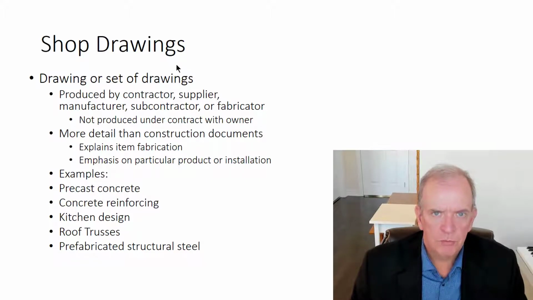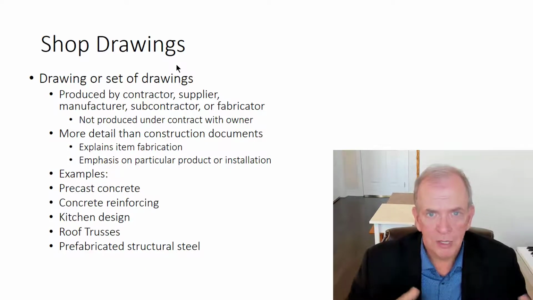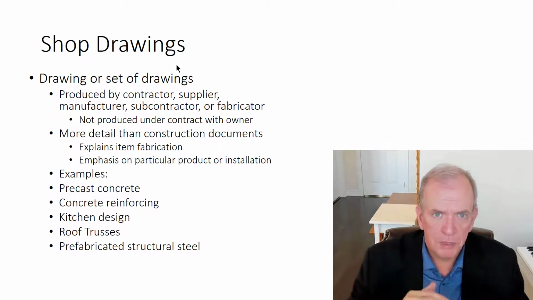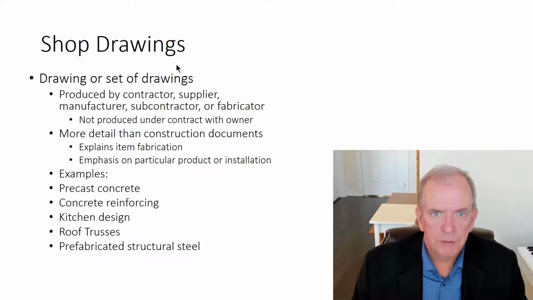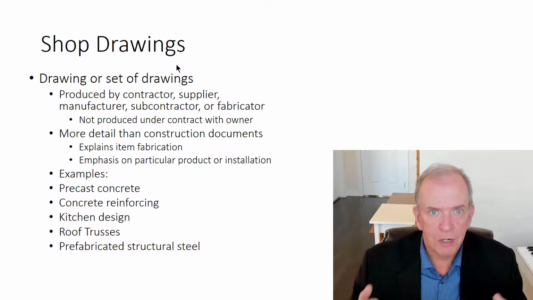In commercial projects, you have shop drawings for things like reinforced concrete. The structural engineering drawings will show the rebar layouts, how the rebar is supposed to be placed, the size of rebar. The shop drawings from the rebar supplier will show the rebar and how it's going to be placed, and tags and tag numbers for the rebar, so that when it comes off the truck, you know what rebar is for where.